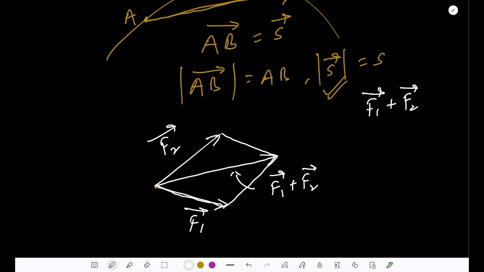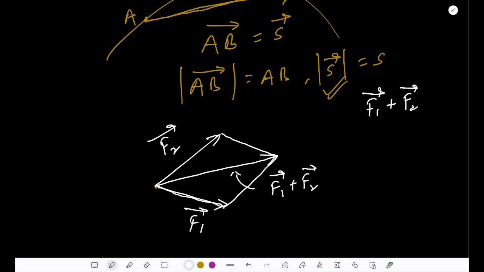What I'm trying to tell you is that the combined effect of two forces on a particle corresponds to a single force that may be shown by the diagonal of a parallelogram formed by the graphical representation of the forces, taking forces F1 and F2 as the sides of the parallelogram.